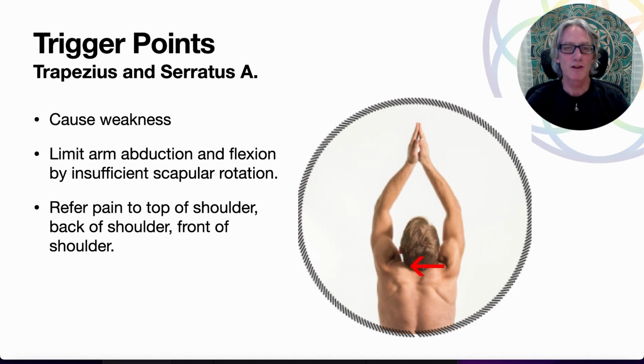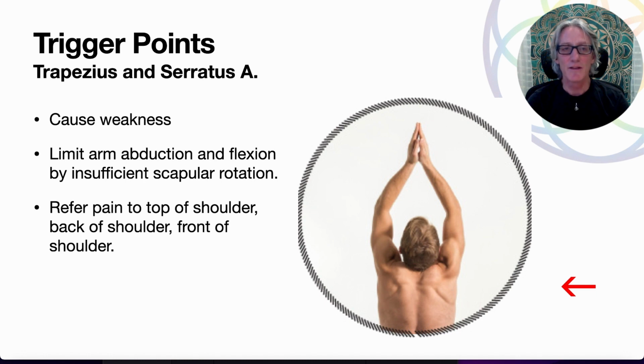We call that contraction on the short. So trigger points in your scapular stabilizers can limit your ability to achieve full flexion and full abduction of the arms, and that is very, very common in people that don't have full range of motion.